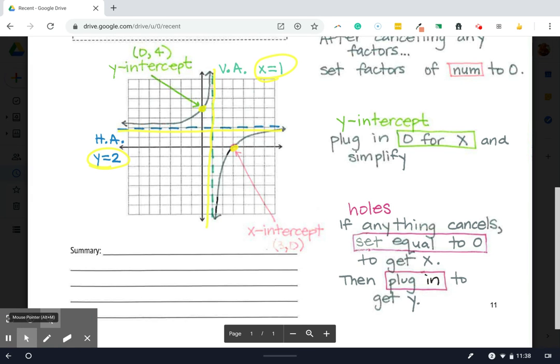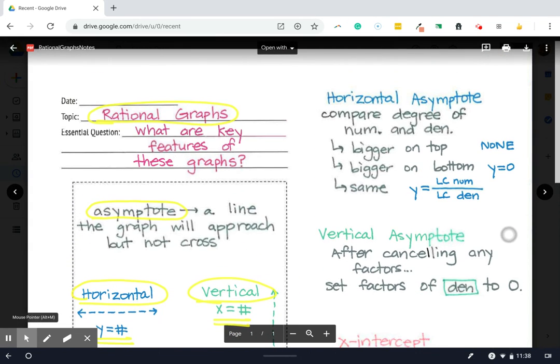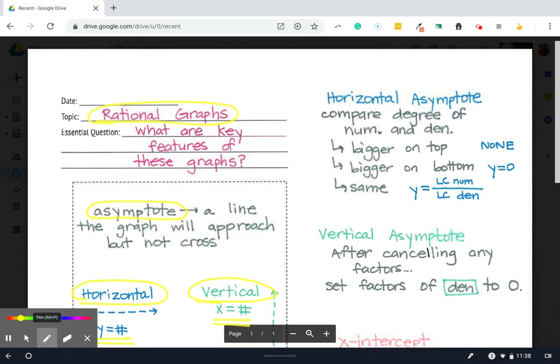On the right-hand side of these notes, I've got all 5 parts, and I'm going to walk you through each part. The first one is horizontal asymptotes. The HA comes from comparing the degree of the numerator and the denominator. Remember, degree is the biggest exponent that we're looking at.